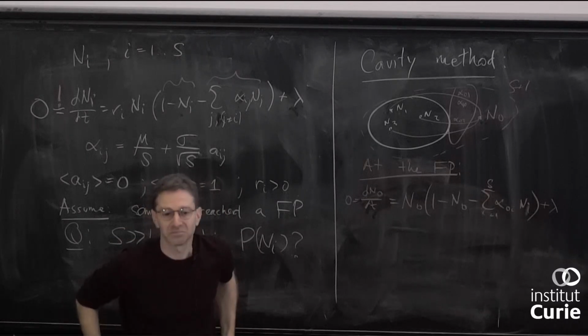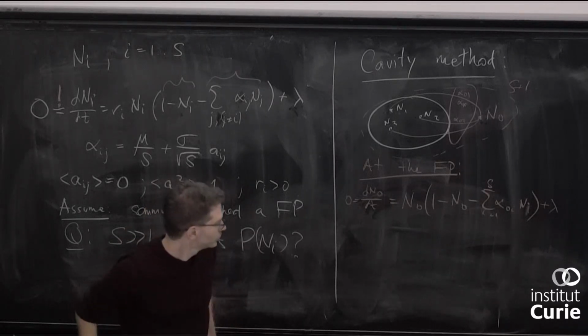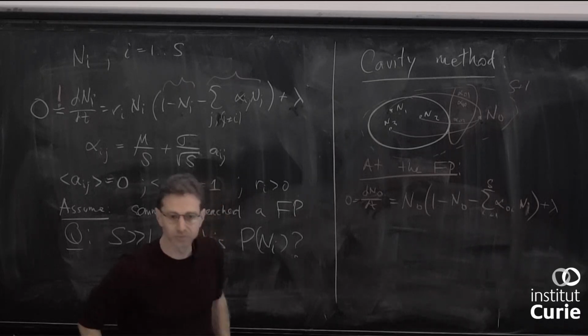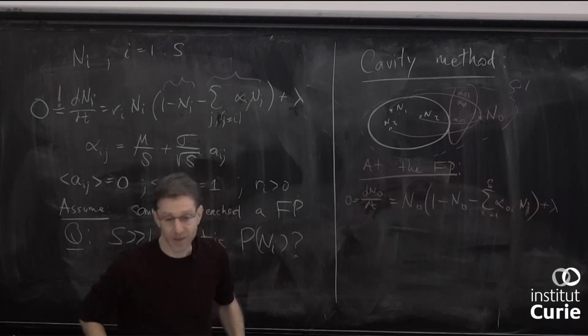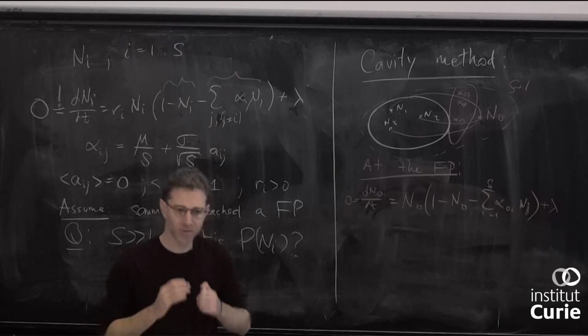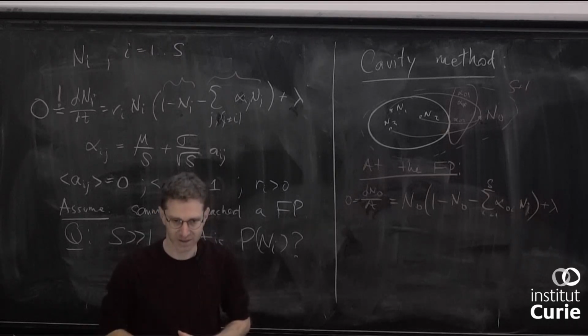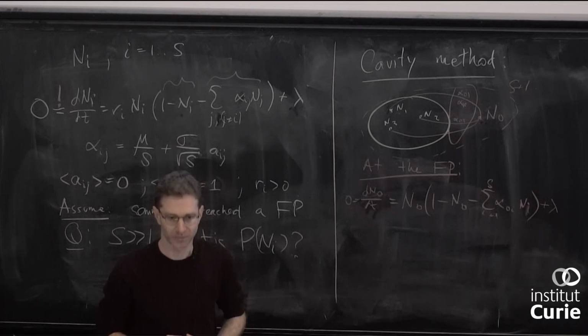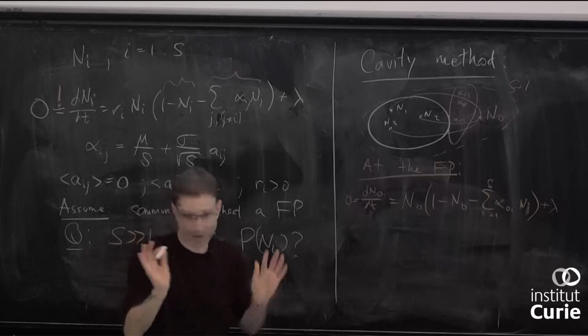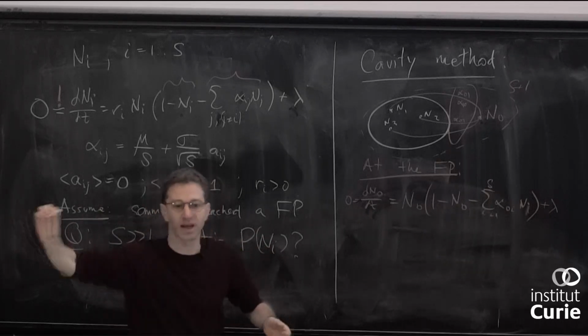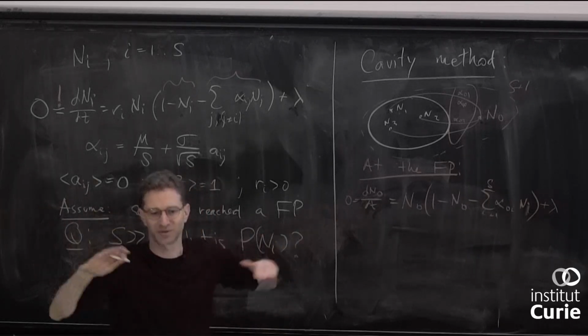Still regarding that, you put the identity of n0 equals 0, right? Why? I'm assuming, this is an assumption, that both before and after adding this new species, I'm at a fixed point for the other species. For this one, I'm assuming it would grow and be added to this fixed point.